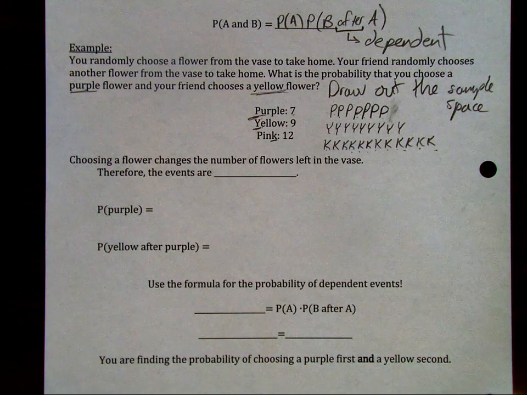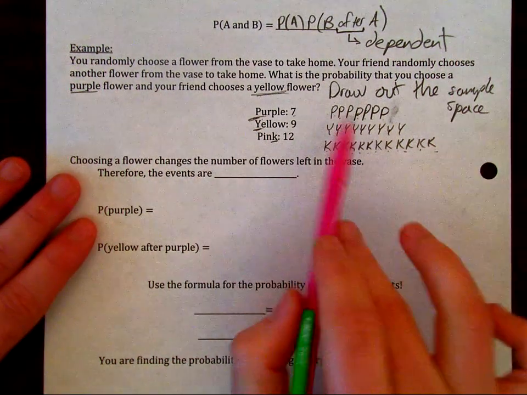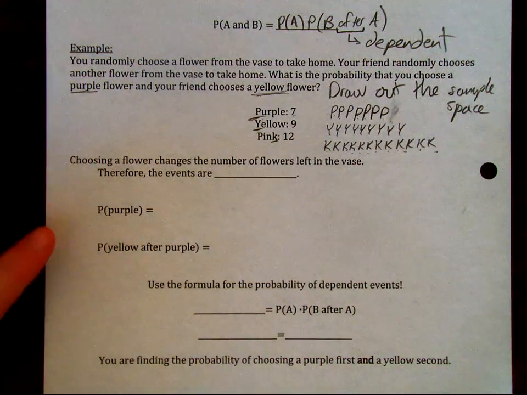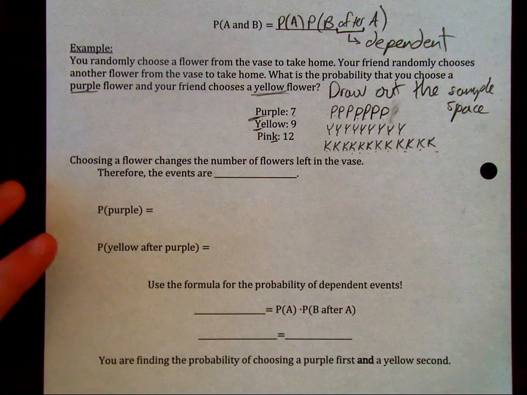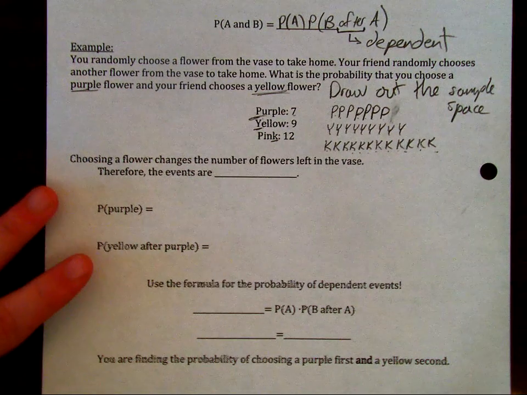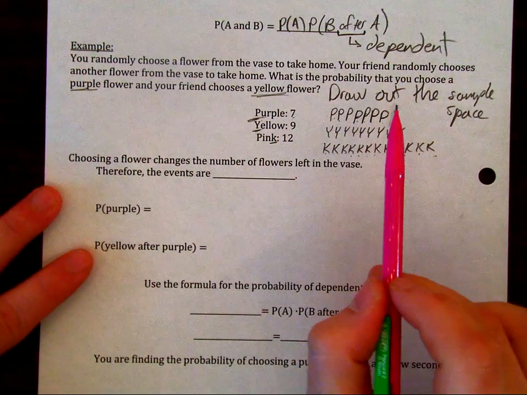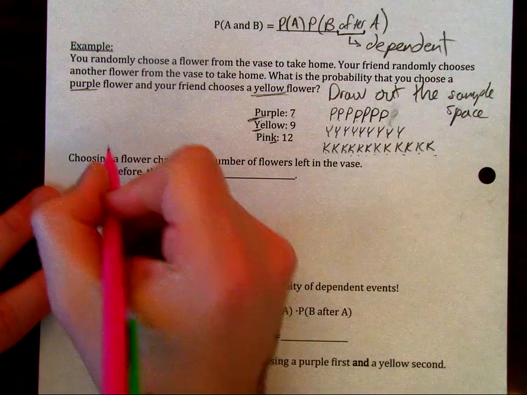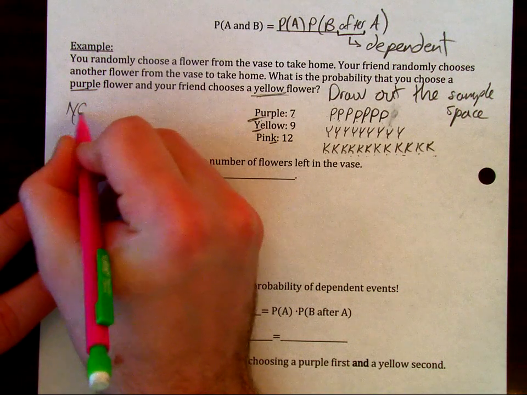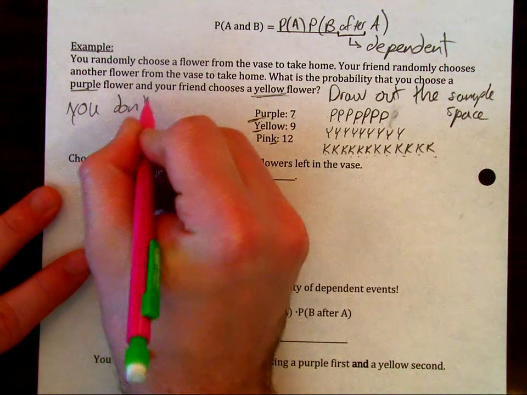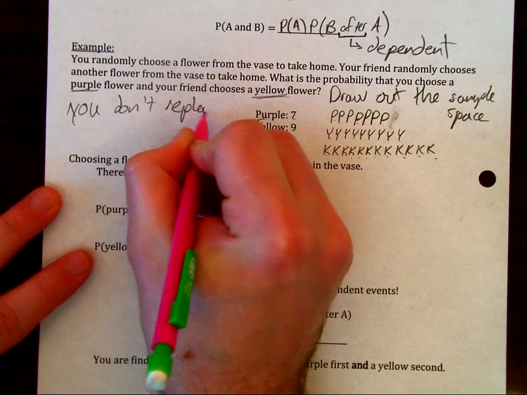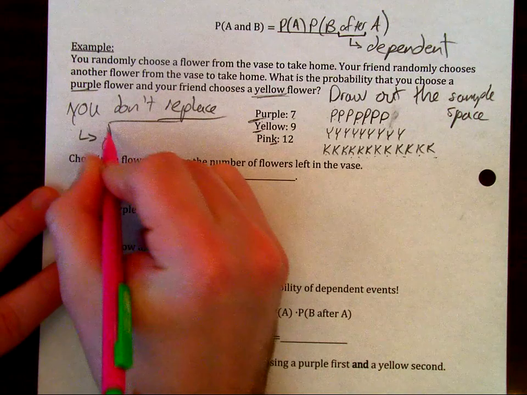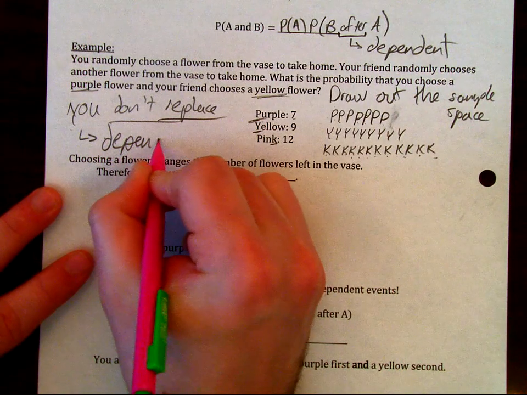We drew out, again, they would be a lot prettier looking if they're in colors or if they're actually flowers, but this helped you visually see what you are working with. And so now it says, if you are pulling these flowers out, when you don't replace, when it has that keyword, when you don't replace, that means dependent.